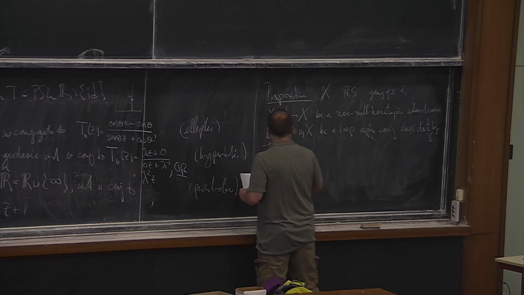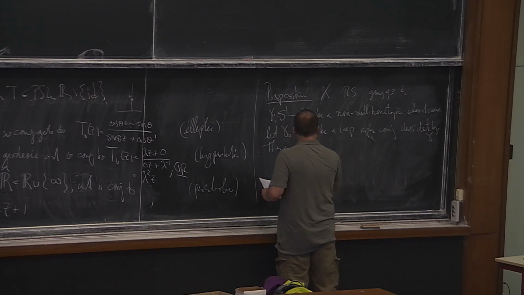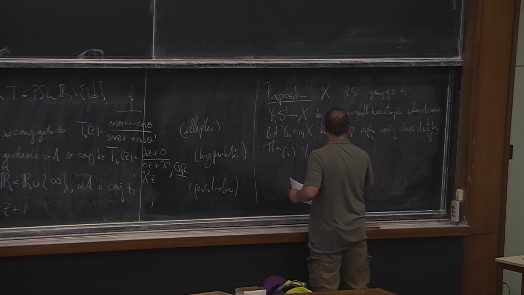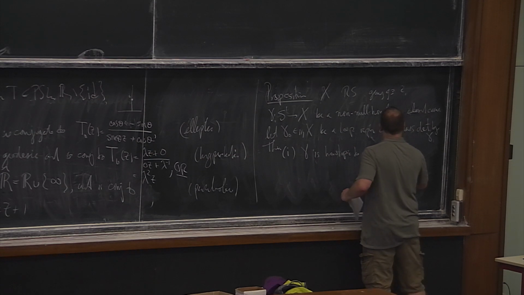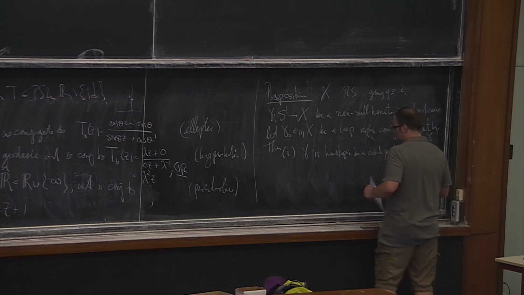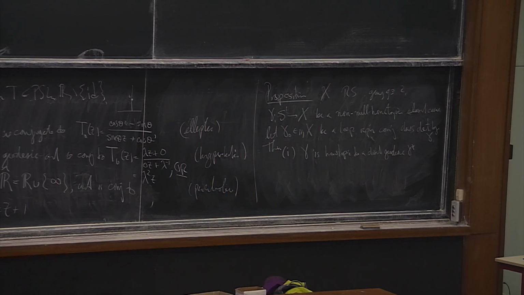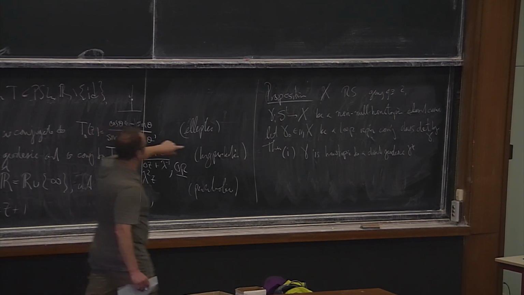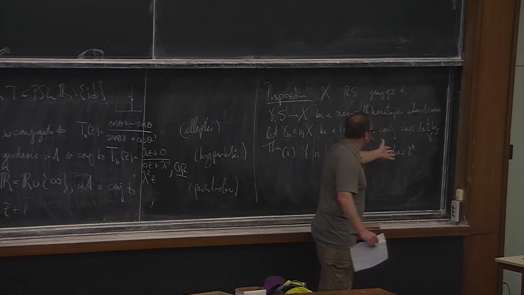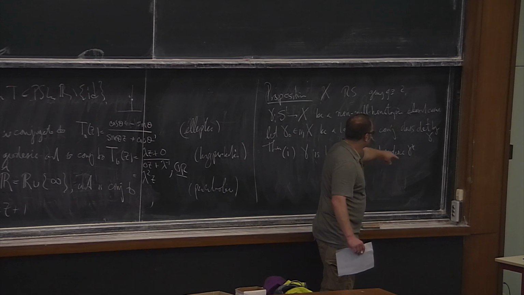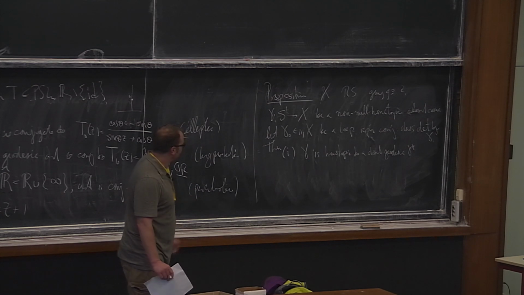Then, one, gamma is homotopic to a closed geodesic. Call it gamma star. So that's a locally isometric embedding or immersion of the circle up to scaling. Sorry, maybe I should think about this as a circle of varying radius, or as some parameterization of a locally isometric immersion.